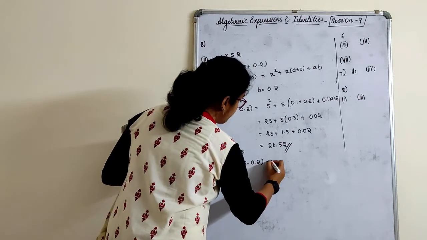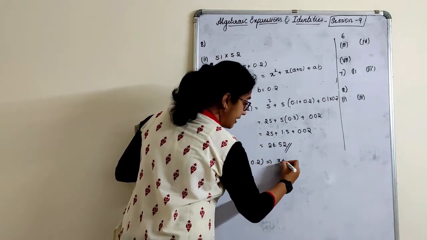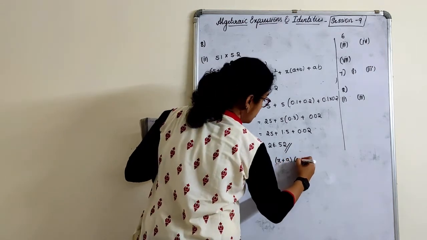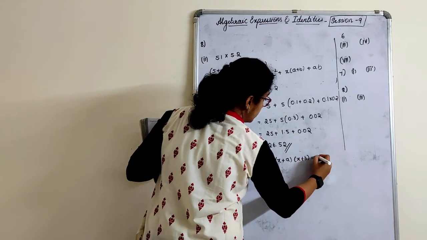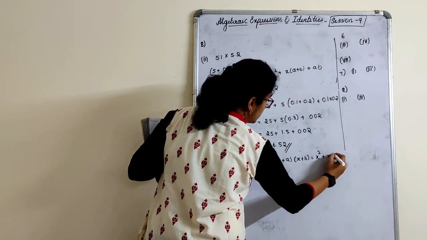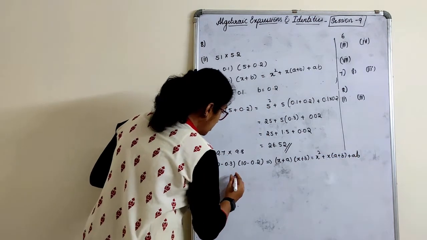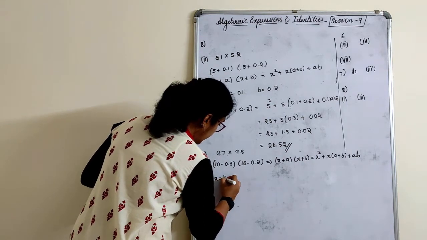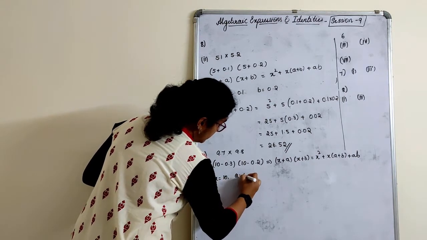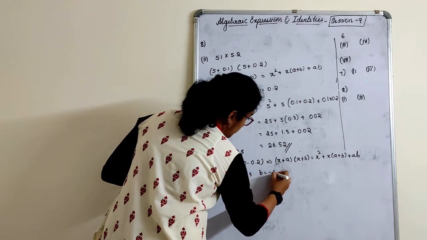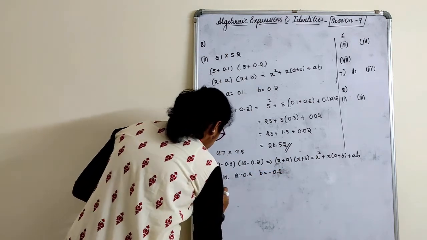So this is of the form x, right? The formula is x plus a and x plus b only, because the formula for x plus a times x plus b is equal to x square plus x of a plus b plus ab. So what is your x? 10. What is your a? Minus 0.3. What is your b? Minus 0.2.